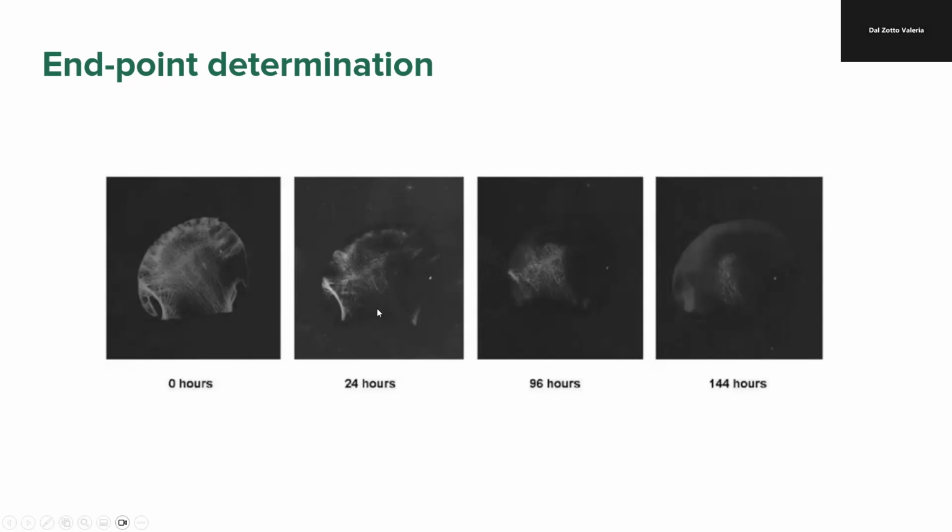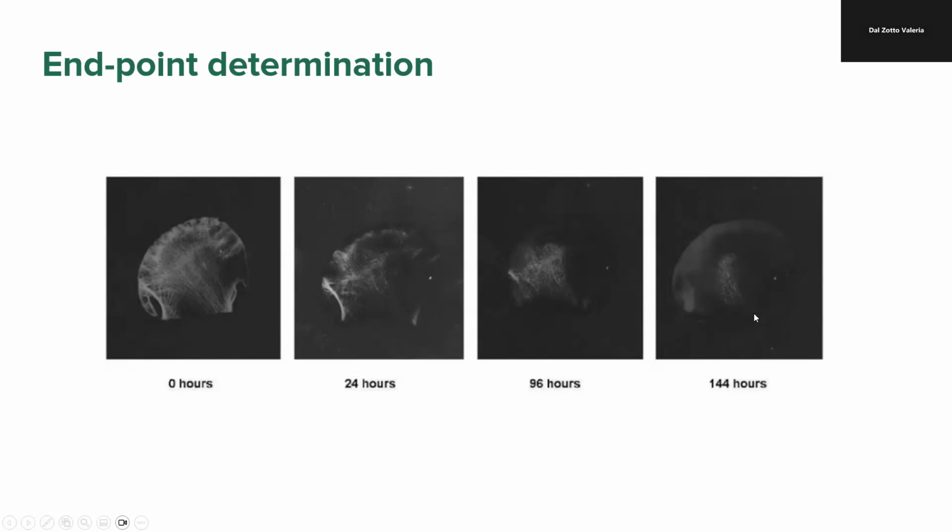time 0 and every different number of hours, 24 hours, 96 hours, or more hours, and you can see the difference in decalcification. See how the white stuff is gone with time. Well, that is the calcium that is dissolved, or this is the near very endpoint determination at 144 hours.